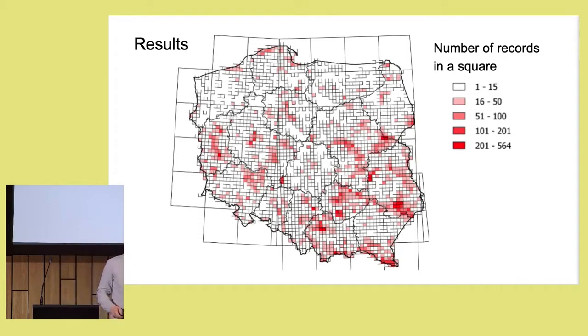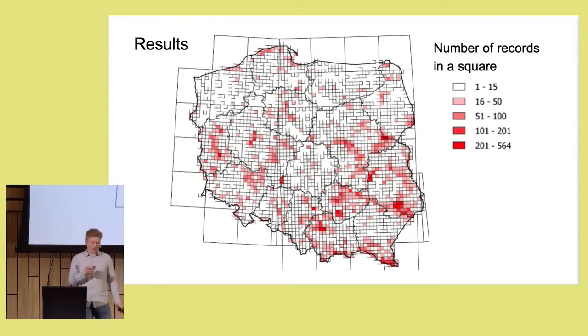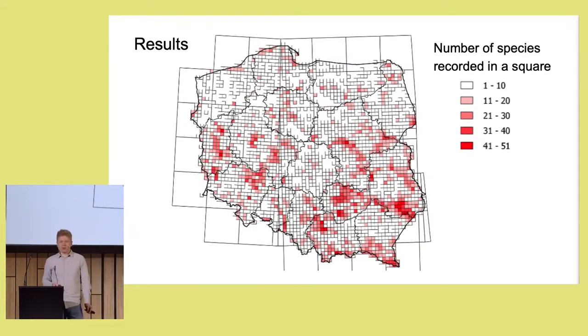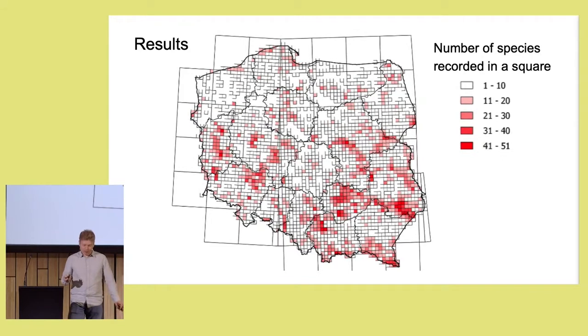Here you see the number of records in each square. The squares are based on a UTM grid, 10 by 10 kilometers, so quite big squares, but Poland is also quite a big country, so it's not easy to cover. The number of records in each square may be a good proxy of how well the area is covered, but if you look at the number of species recorded in each square, you see a very similar pattern, basically the same.